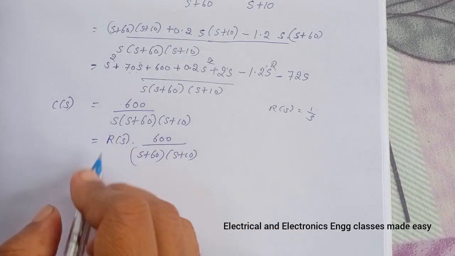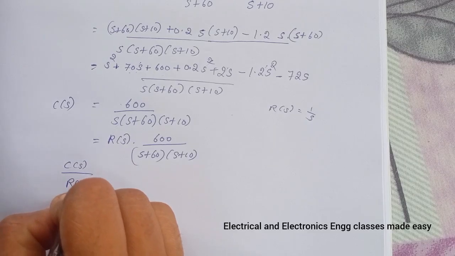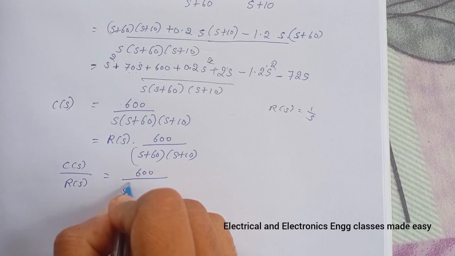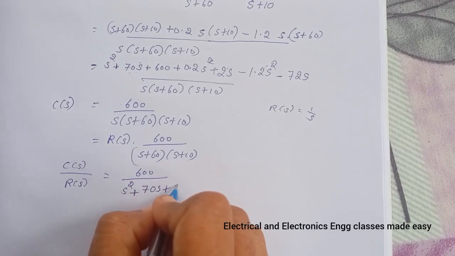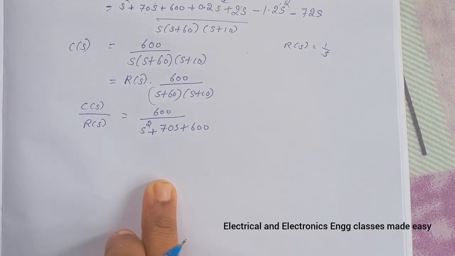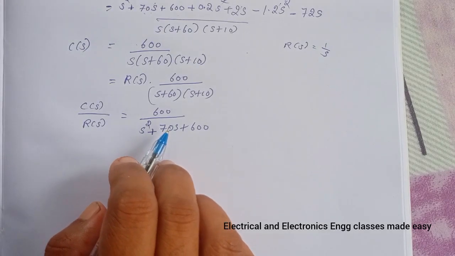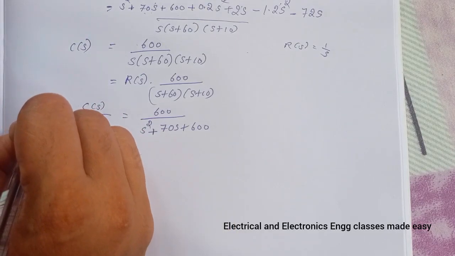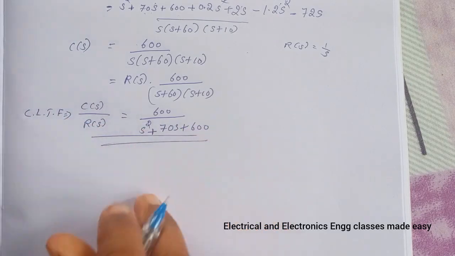So we get C of S divided by R of S equal to 600 divided by S square plus 70S plus 600. So this is the expression for the closed loop transfer function.